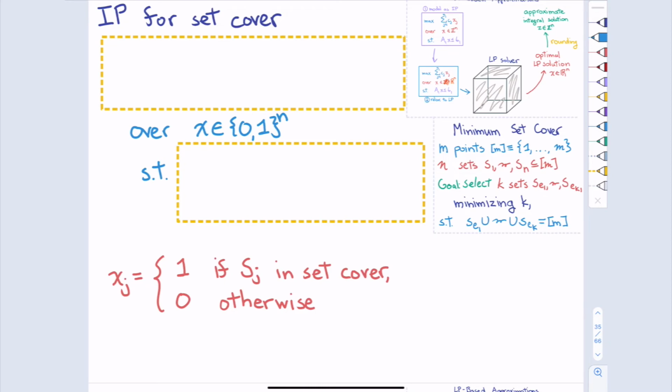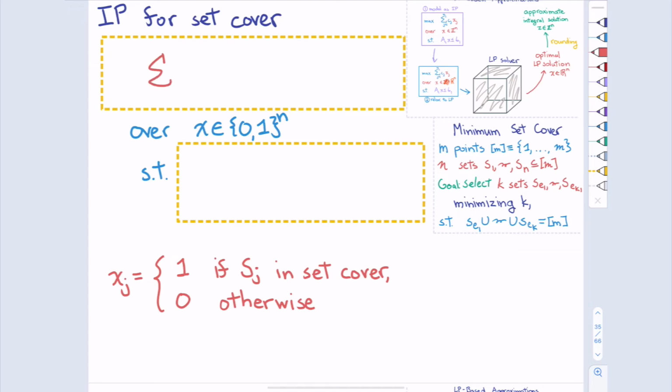Let's write an integer program for set cover then. I've already chosen the variables for you. Xj is 1 if I'm going to put the j-th set in my set cover, and 0 otherwise. So what is the objective? There's no time left to be shy. What is the objective? Sum of xj's.